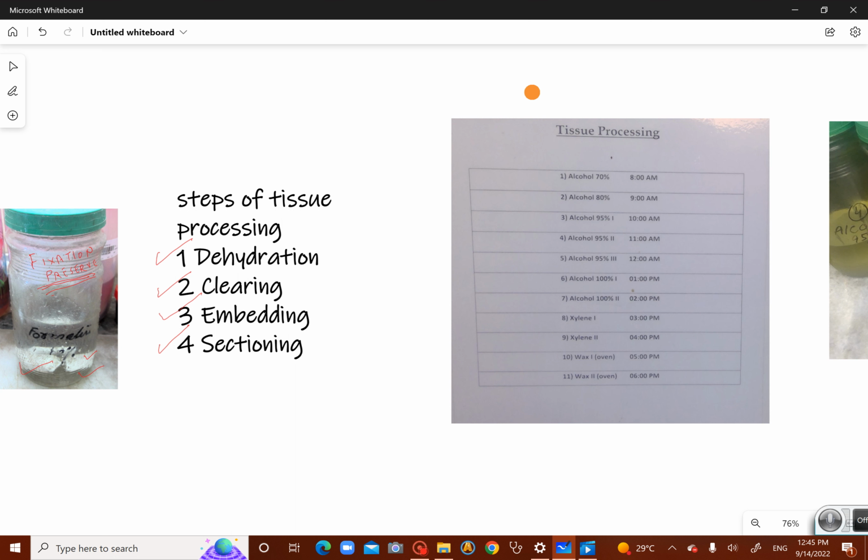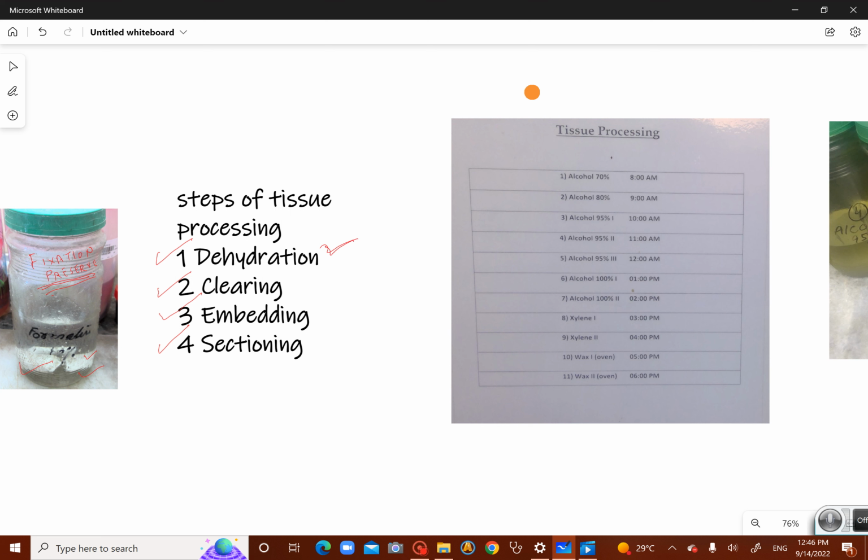Replace the water with paraffin inside the cell, so you can make paraffin blocks, and then the paraffin block can be cut into finer slices. You can't infiltrate paraffin directly inside the cell because it contains water. Paraffin is not soluble in water. So the important thing is removing the water from the cells, and that is known as dehydration.